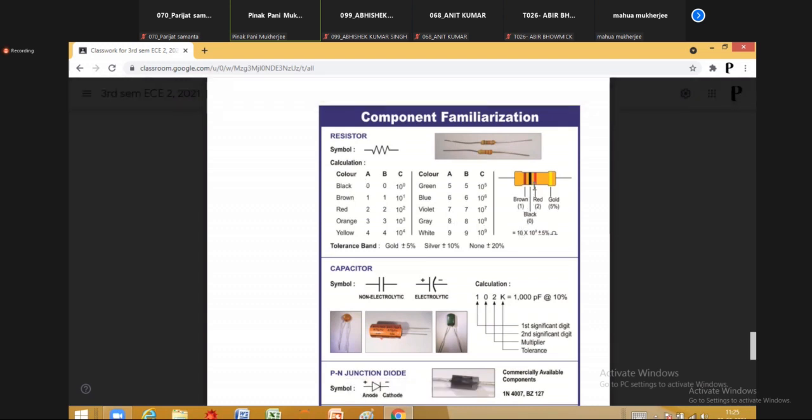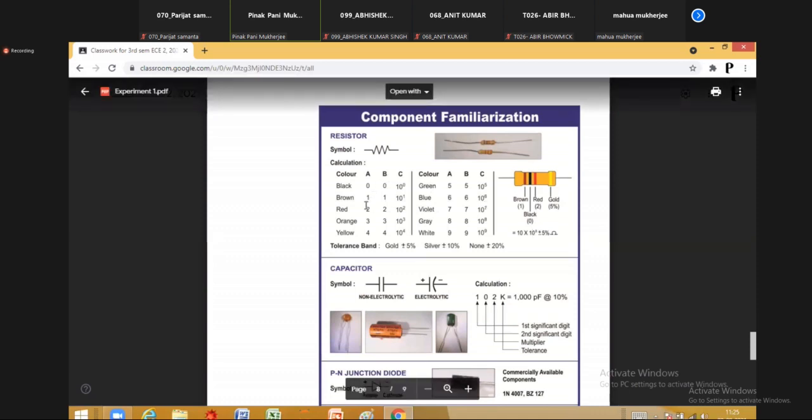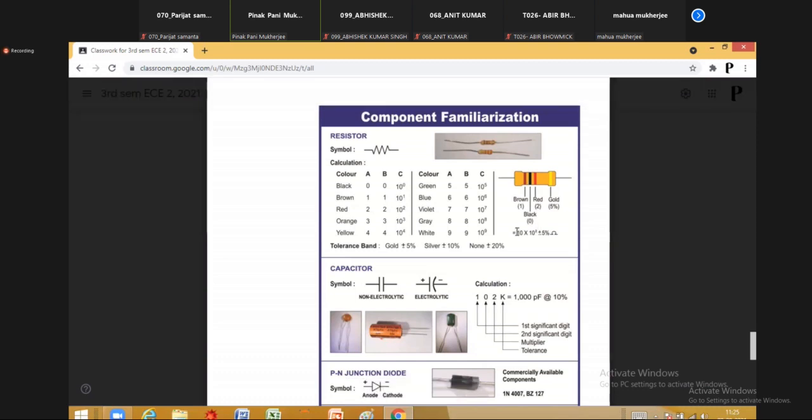But remember, the third band will appear as a power of 10. In this case it is red, so it will be 10 to the power 2, because red is 2. So the first two are written side by side, and the third band appears as the power of 10. So what is the value in this case? 10 into 10 to the power 2. 10 to the power 2 means 100.